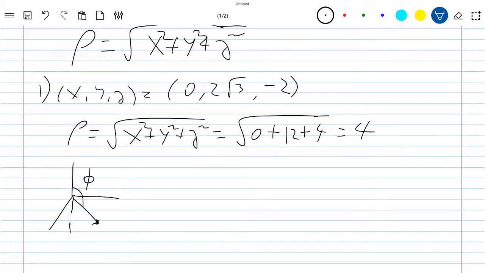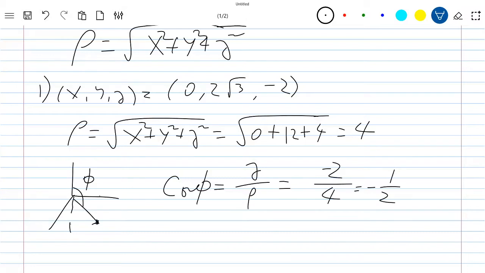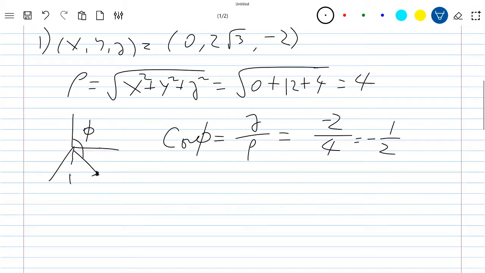So what is phi? Well, cosine phi equals z over rho. So that's negative 2 over 4, which is negative 1/2. And since phi is between 0 and pi, phi should be 120 degrees, or you can say 2 pi over 3.